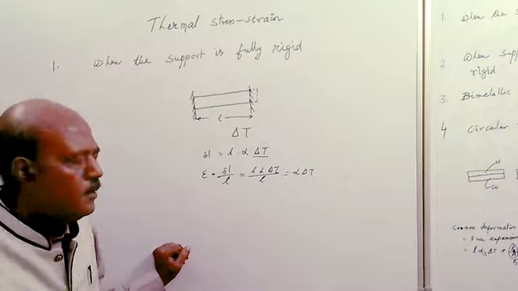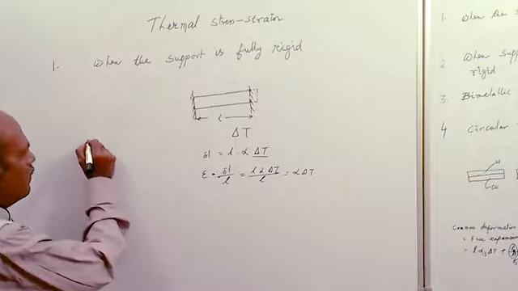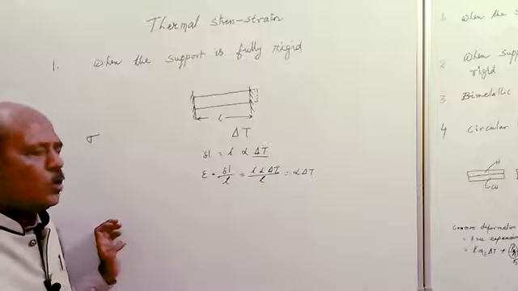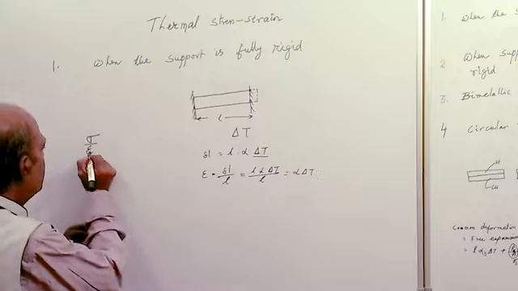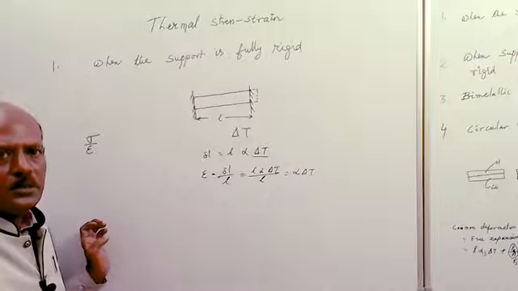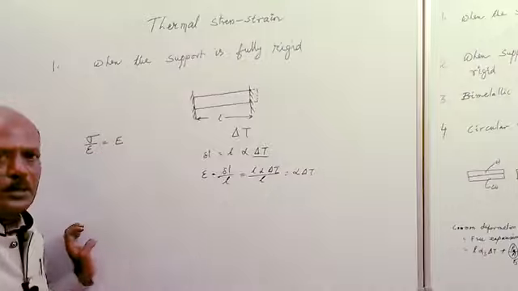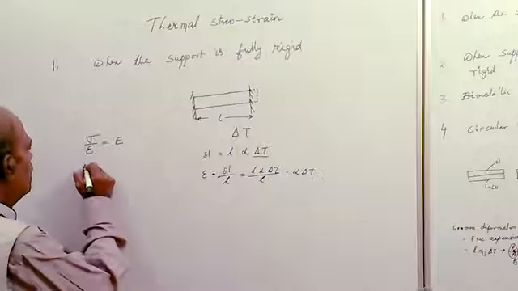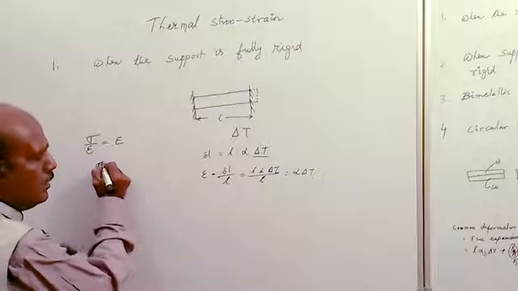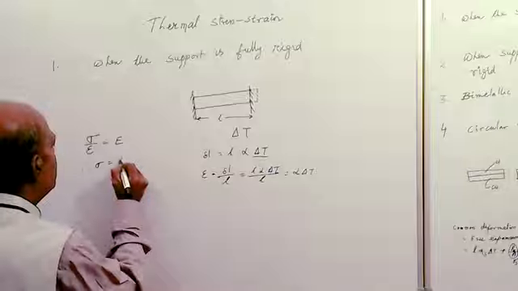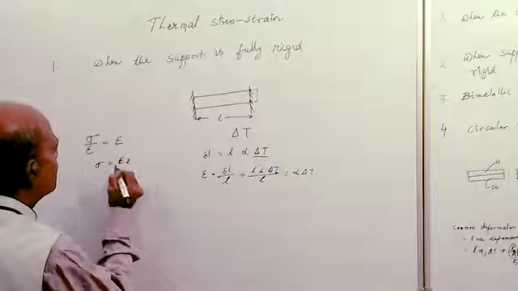And the stress developed is obtained by Hooke's law. As per Hooke's law, within elastic limits, stress by strain is equal to a constant, known as Young's modulus of elasticity. Thereby sigma, that is the stress developed in the bar, is equal to E into epsilon.